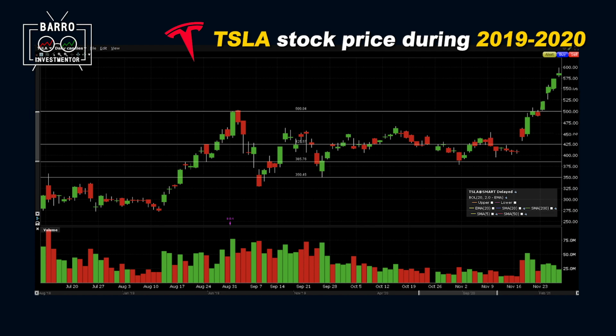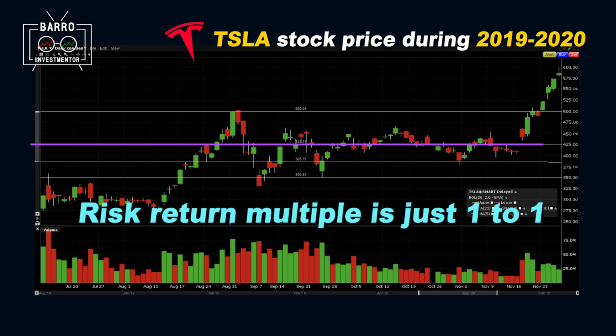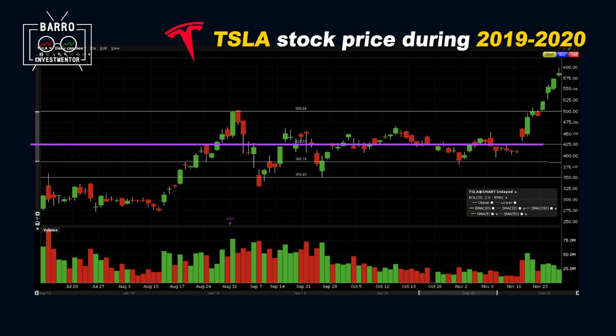If we enter at around $425, that would be too far from the upside resistance and also too far from the downside support. From a risk and return perspective, it might not be efficient at all. In this case, the risk and return multiple is just 1-to-1, like we use $1 to trade for $1 or even less, maybe $1 for 60 to 80 cents, so that wouldn't be efficient.